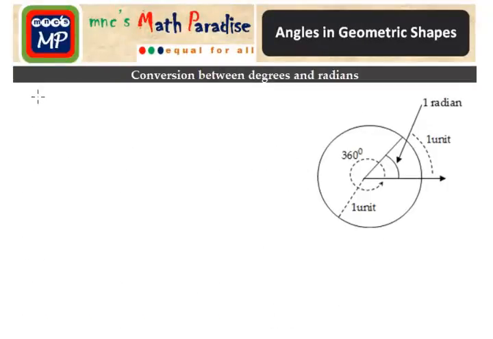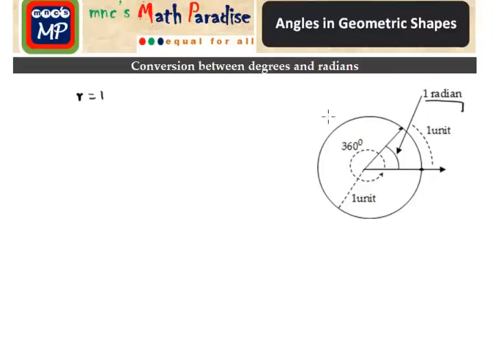Now we will find the relationship between degree and radian, which we will use to convert degrees into radians and radians into degrees. One complete revolution is 360 degrees, we know that. Now the definition of radian is, if the circle radius r is 1 unit, and if we move through its circumference 1 unit, then the angle made is 1 radian.